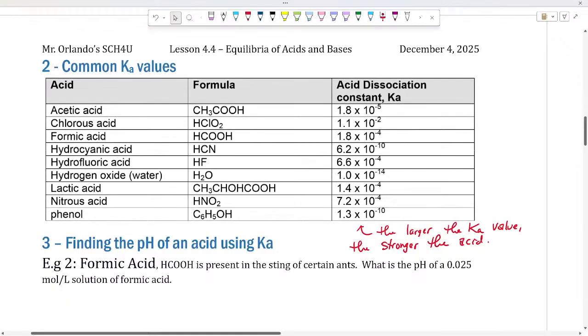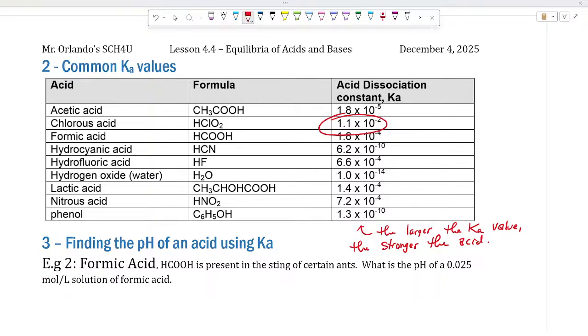So if you look at this list, what is the strongest acid? Of these, none of them is a fully strong acid that fully dissociates. These will all be in equilibria. But which one of these is going to be the strongest acid? The most acidic. Sorry? No, that's a negative 10. So is that a big Ka? That's actually a really small Ka. Chlorous acid.